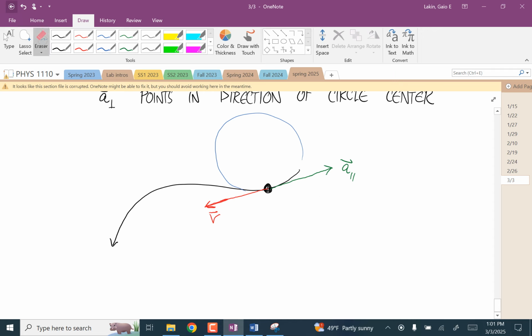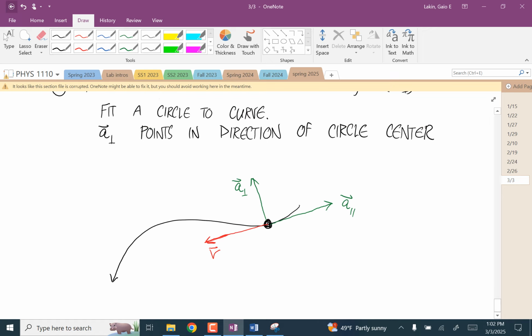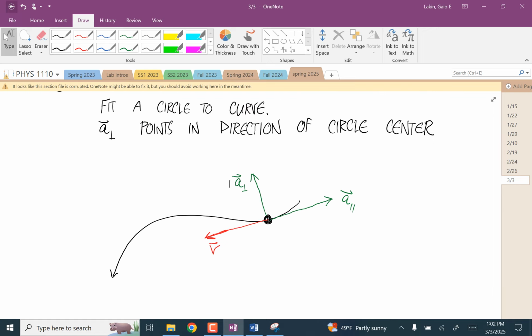And so in this case, A perpendicular is going to be perpendicular to these two, 90 degrees from these two in this direction. So there's our A perpendicular. Okay, so that's our step 4.